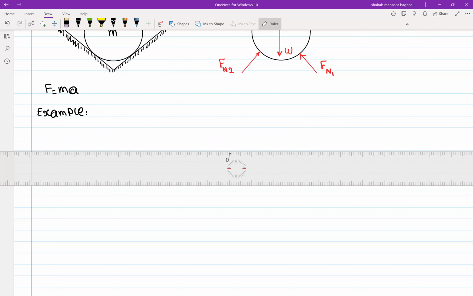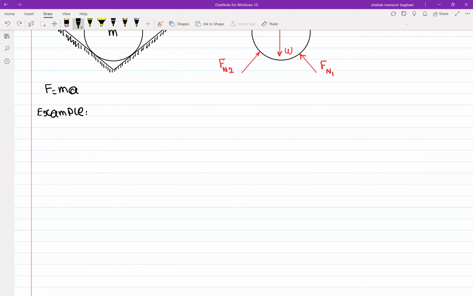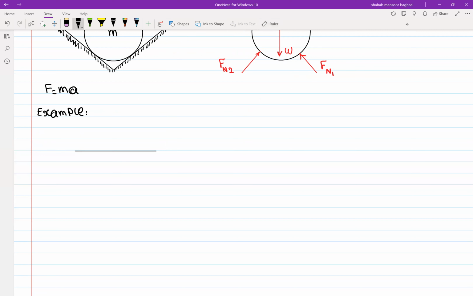There's a box here. It's completely flat and it's smooth. And I'm gonna put the block on this surface, which is smooth. Okay. It has mass M, and mass is 2 kilograms.